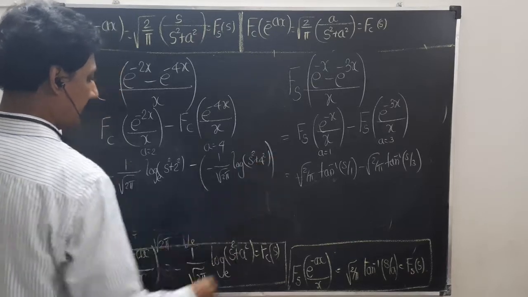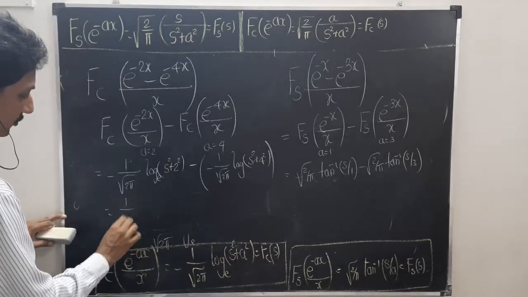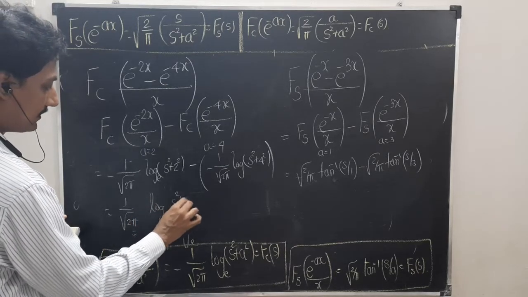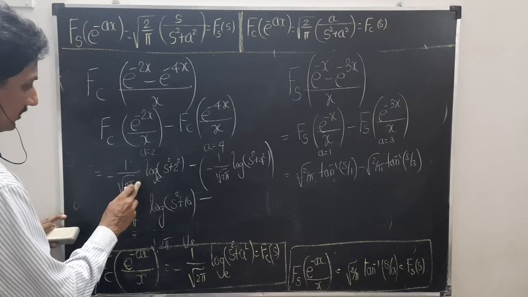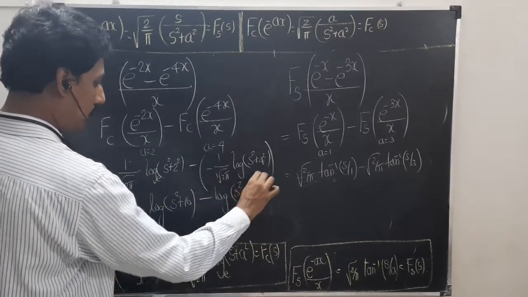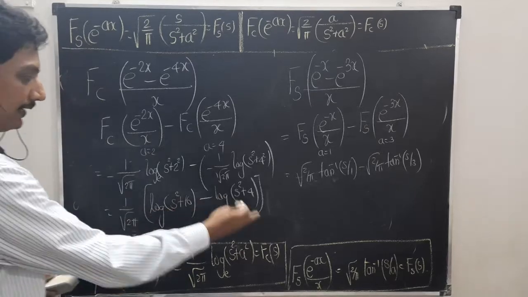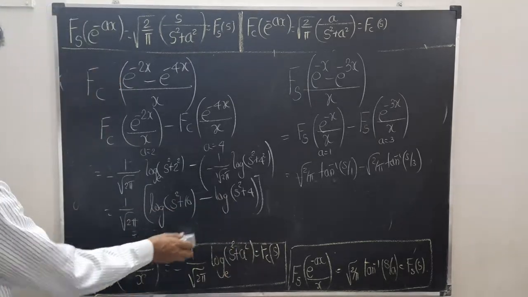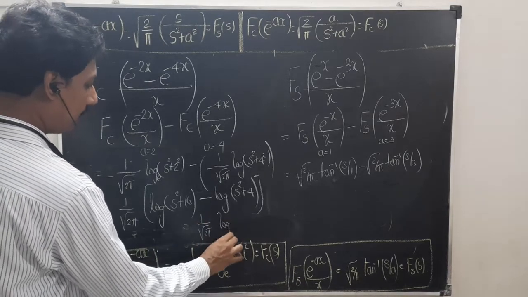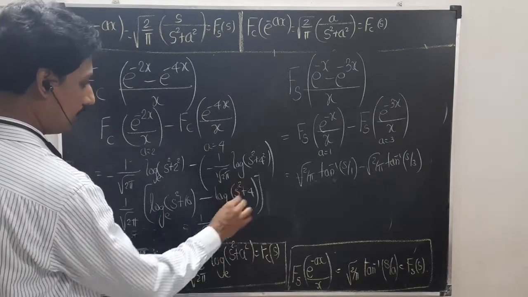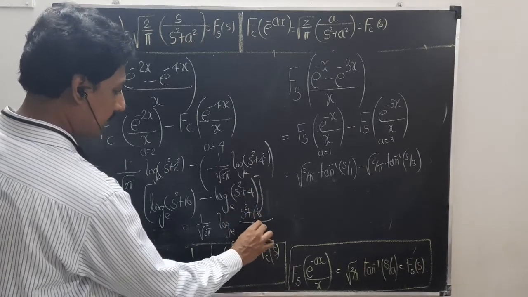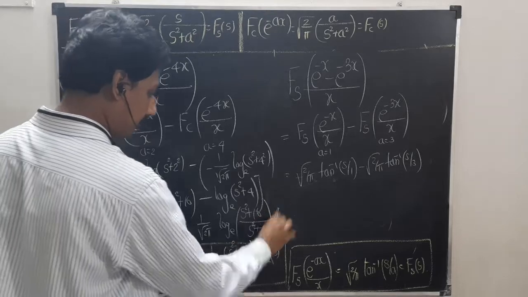Minus of minus becomes plus, so taking 1 by square root of 2 pi outside, the positive term is log of s squared plus 16, minus the other term, log of s squared plus 4. By using the logarithmic rule, log m minus log n is log m by n. So the answer is 1 by square root of 2 pi log to the base e of (s squared plus 16) by (s squared plus 4). So that is the answer.